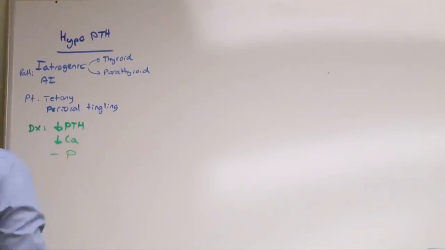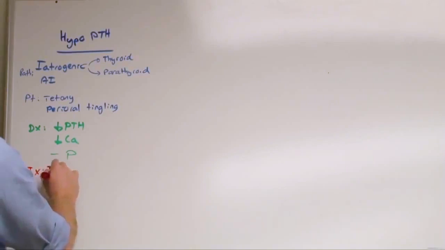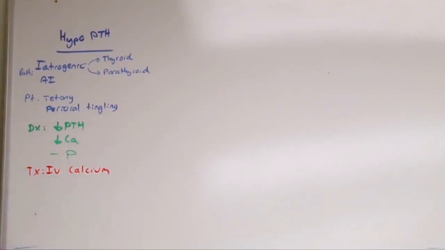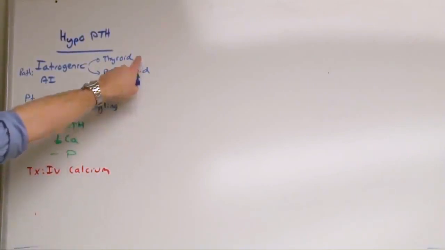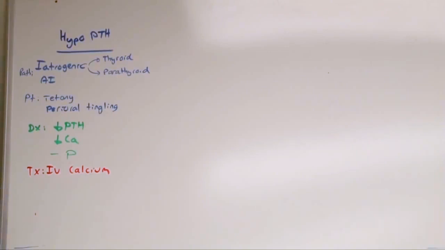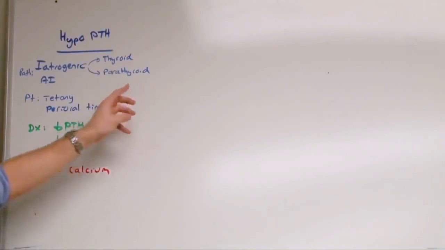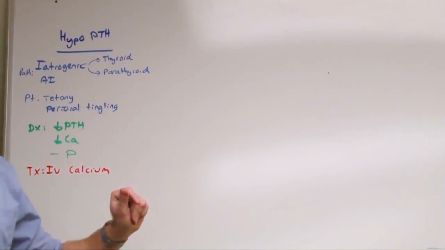Phosphorus is generally irrelevant. The treatment is going to be calcium. Remember, IV calcium. It'll come back online if it's just giving time, or you'll need to supplement parathyroid hormone in the future. You will not have to diagnose this from the labs. You'll get it from the history alone. If you have a question about a thyroidectomy or a parathyroid resection and they are hypocalcemic, iatrogenic, give them calcium.